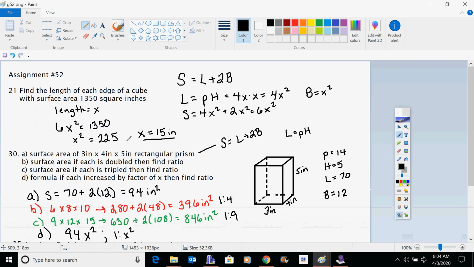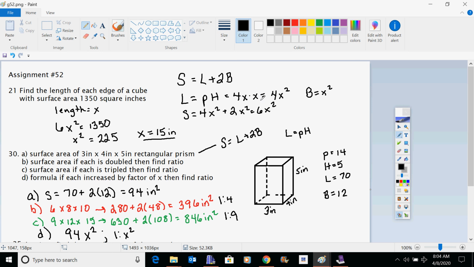In assignment 52, question 21 said, find the length of each edge of a cube with a surface area of 1,350 square inches. If we know the surface area, that's lateral surface area plus 2B. Lateral surface area is perimeter times height.